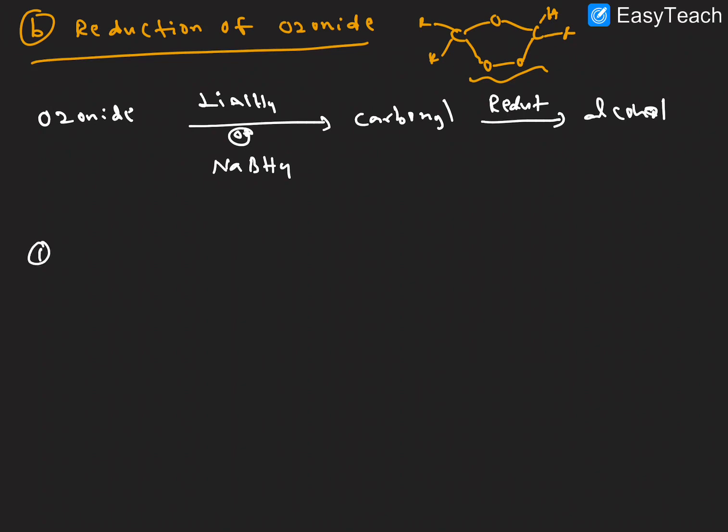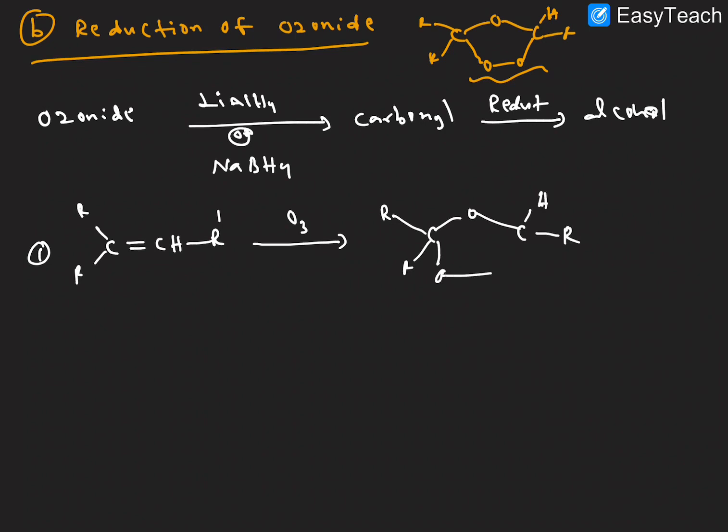One example we will discuss, it will get very clear. So C double bond C, R group, here R group, and here CH and R dash, with O3. So here ozonide is forming, right? Then we can use sodium borohydride or lithium aluminum hydride, right?